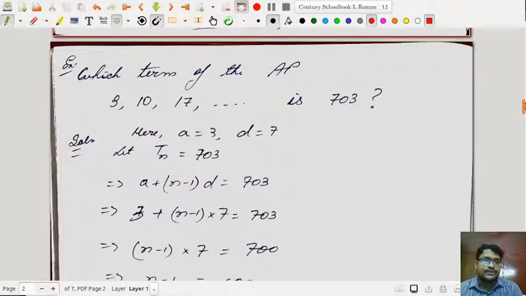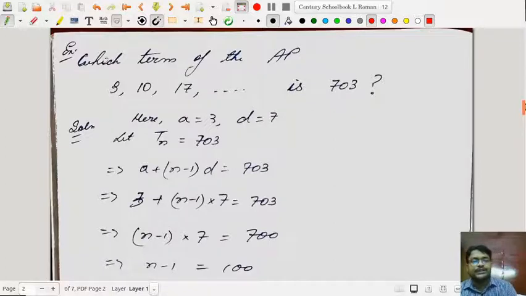Let us see some simple examples which are usually done in the arithmetic progressions chapter in HS first year, and those who have advanced mathematics, probably you have done it in class 9 or 10. Which term of the AP 3, 10, 17 is 703? Three terms are given, so it's an AP.